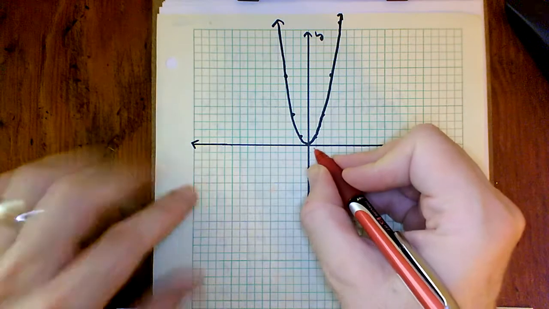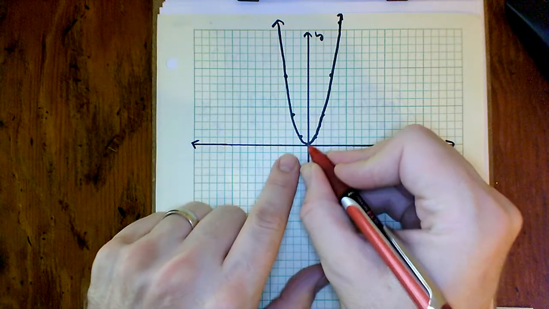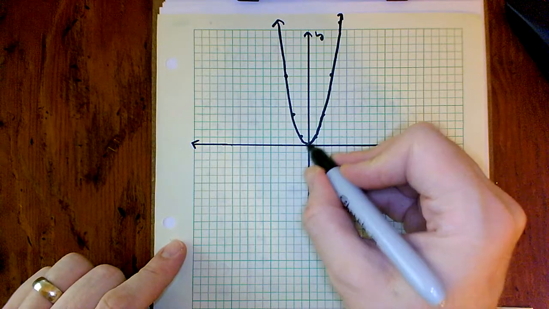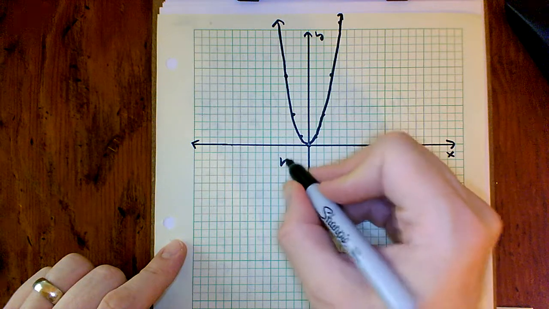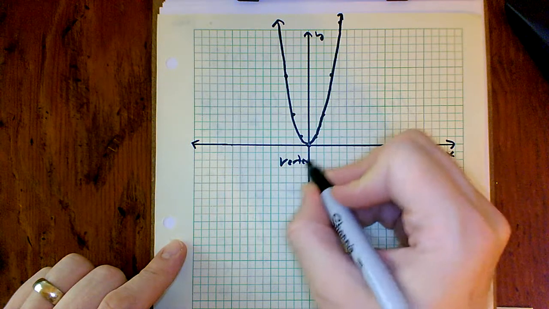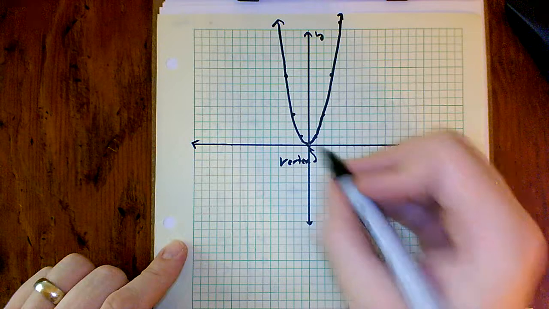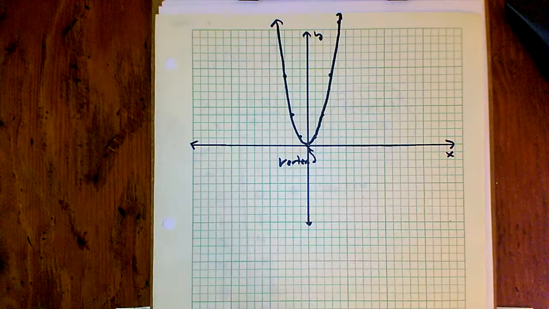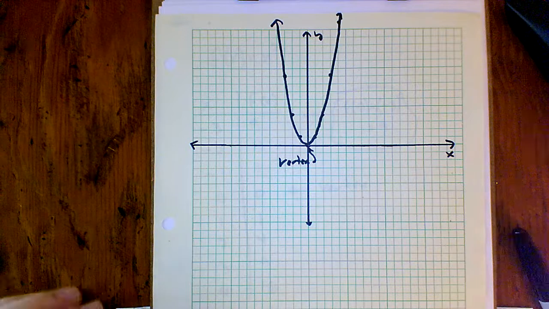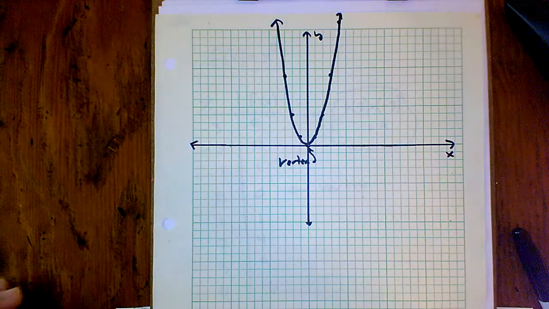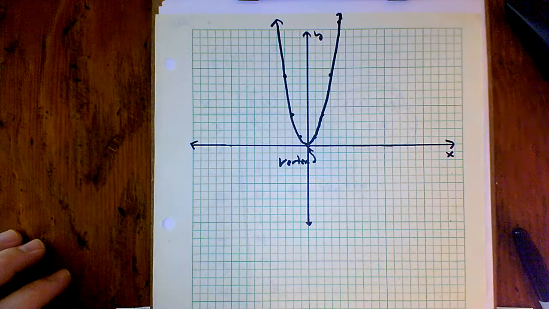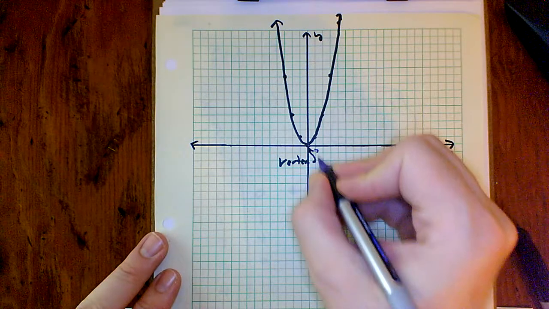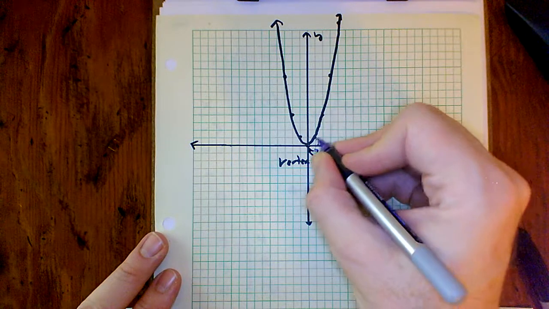Notice that from this vertex, this point right here, if I move out 1, it moves up 1.